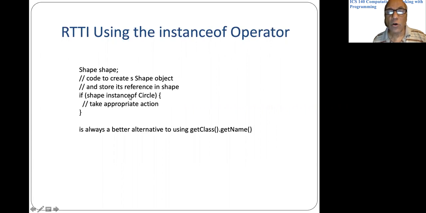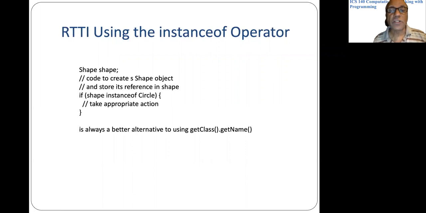So this is an operator. If shape was created as a circle object, it will return true. But the thing is, this will also work for any type that Circle inherits by extending another class or implementing an interface.